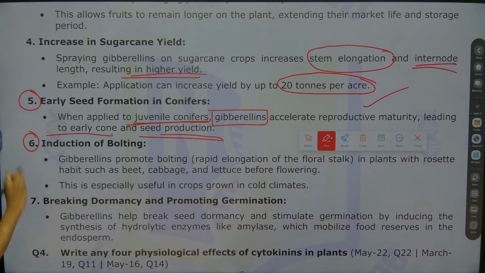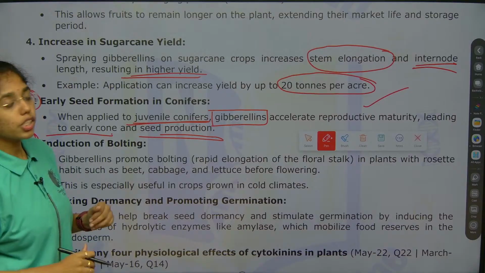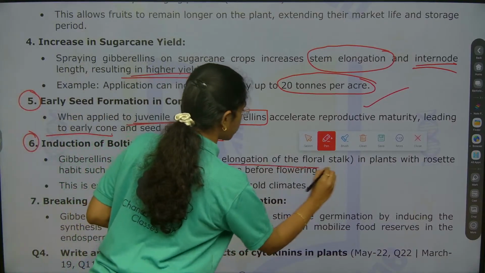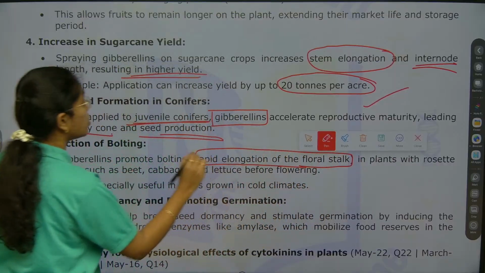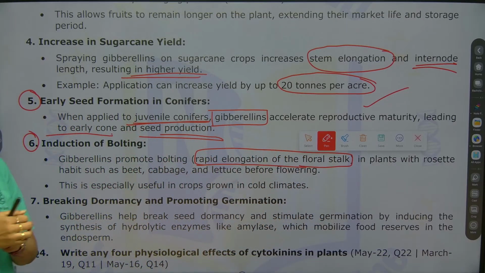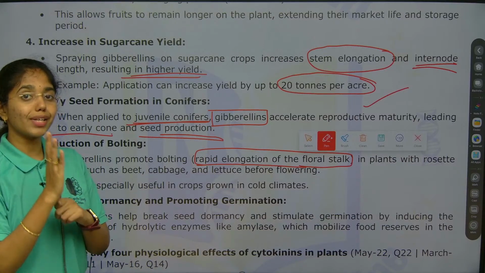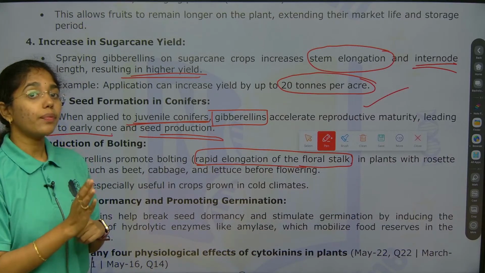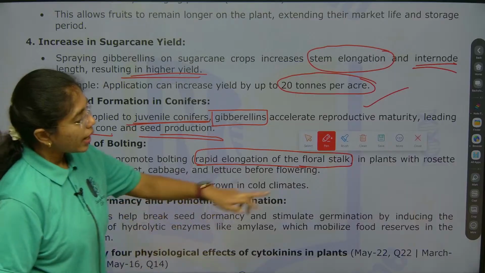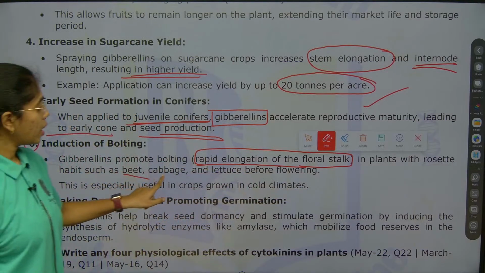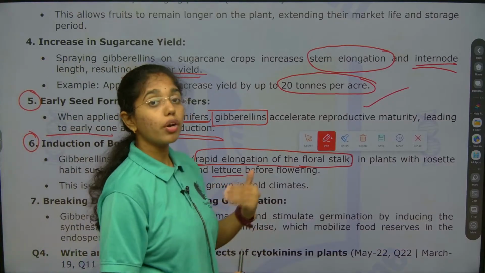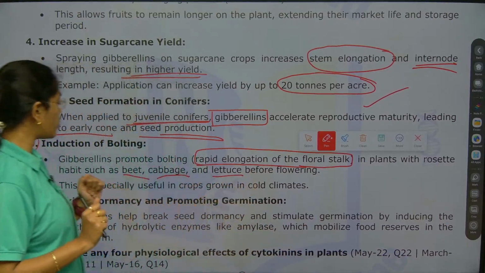Next is induction of bolting. Gibberellins will promote bolting. Bolting means rapid elongation of the floral stalk. Gibberellins will be sprayed prior to flowering, so that when the pedicel and peduncle size is increased, that will give rise to broader flowers. In rosette plants like beet, cabbage, lettuce, gibberellins will be sprayed before flowering itself.